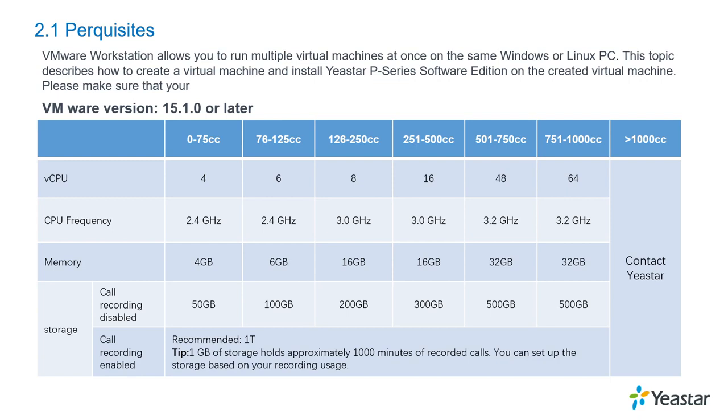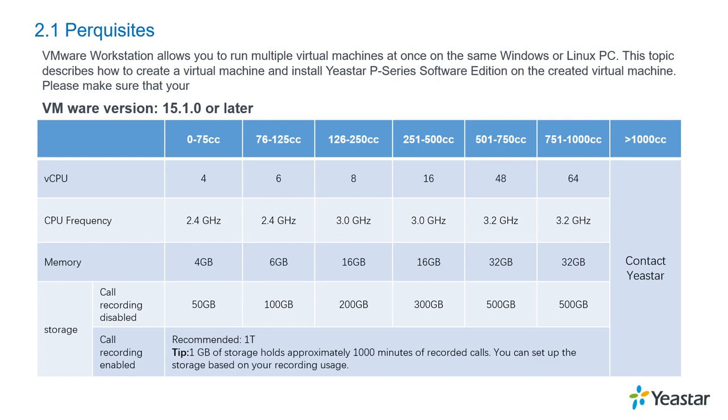Have a look. If you're running the system with under 100 concurrent calls, for example, from 0 to 75 concurrent calls, the requirement for your VMware, this is just an example, let's take a look. VMware Workstation: the requirement will be 4 virtual CPUs, the CPU frequency 2.4 gigahertz, memory 4 gigs.